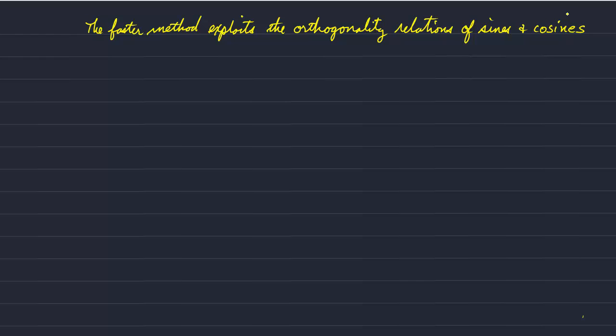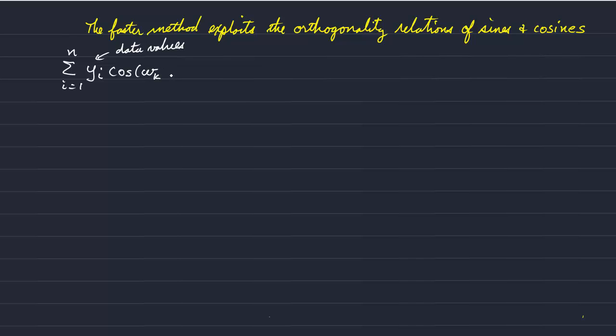So this faster method exploits the orthogonality relations of sines and cosines that we just talked about. So let's consider an operation in which we sum over our data record each value of y, so this is our data value, times a cosine function.